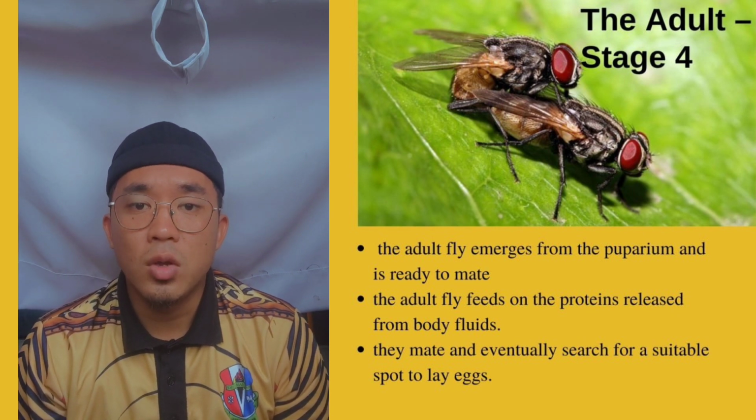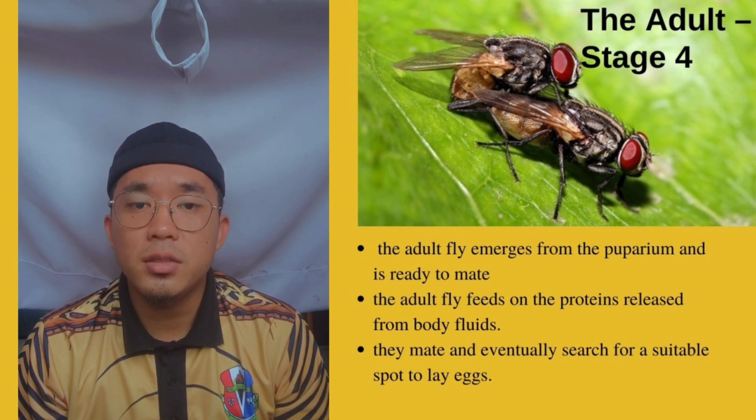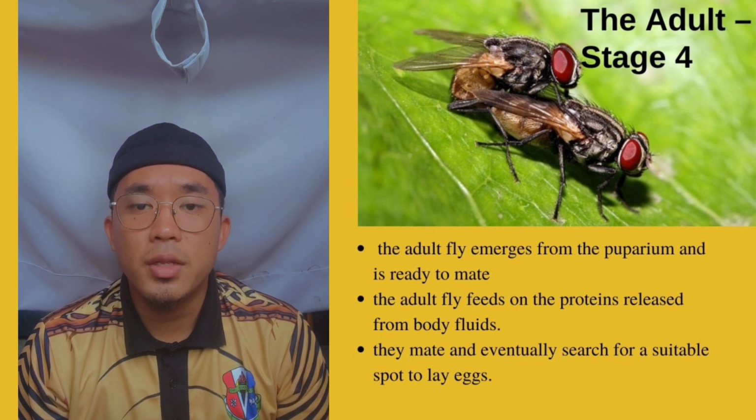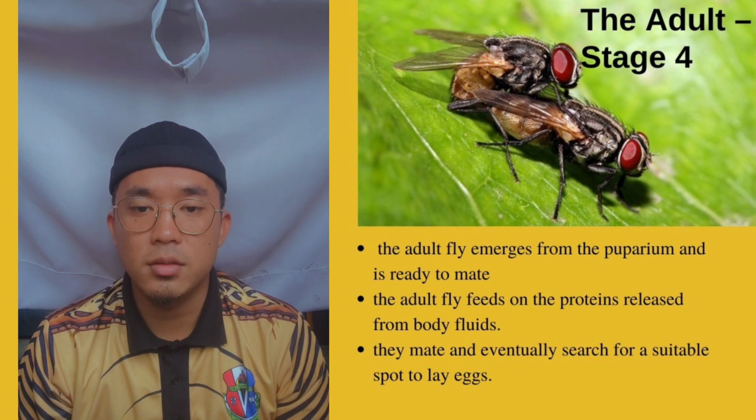Unlike the pupa stage, where the fly is stationary, when the fly transforms into an adult, they fly to different locations in search of food. After they are done feeding, they mate and eventually search for a suitable spot to lay eggs. The entire process then starts all over again.